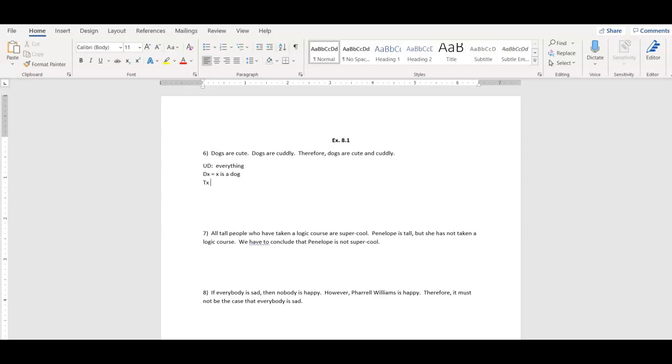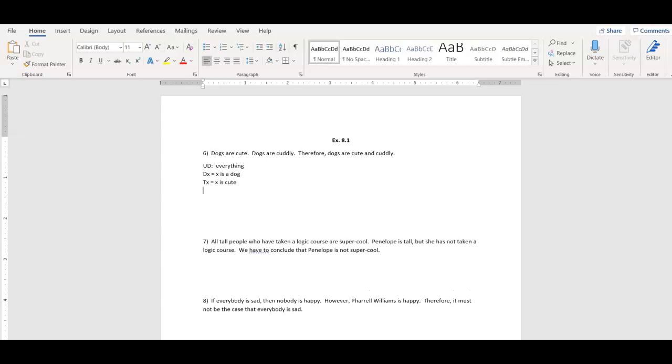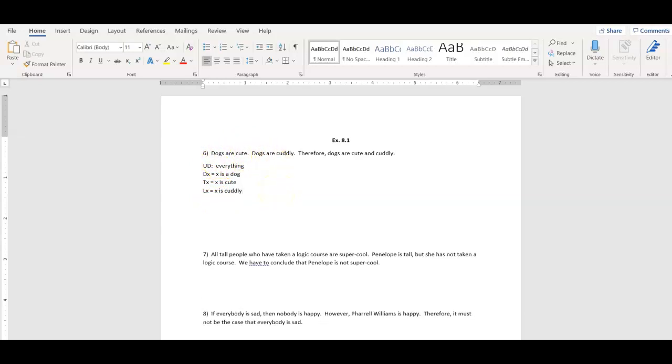Okay, so TX equals X is cute, and DX, we already have DX. LX equals X is cuddly. It's really important not to use the same letter for two distinct predicates.